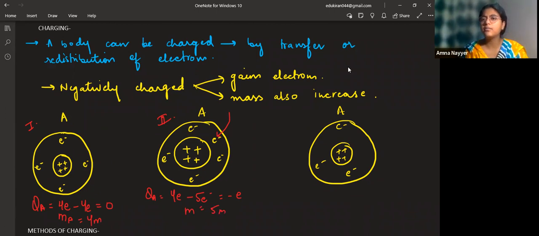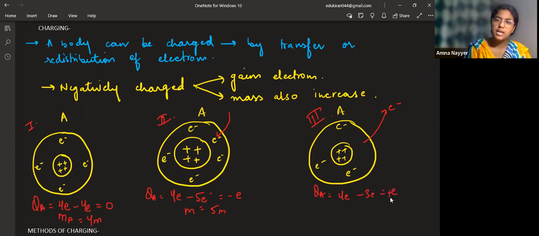Similarly, let's say I have removed one electron. I've thrown 1 electron out of this. So this is the third case. Now see what is the charge: 4 positive charges minus 3 negative charges, that is 1 single positive charge. This is how a body has become positive. And what will be the mass this time? Mass will be 3m. So mass has decreased from the original mass. 4m, 5m, 4m, 3m.